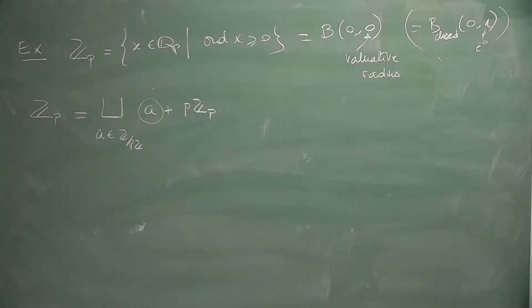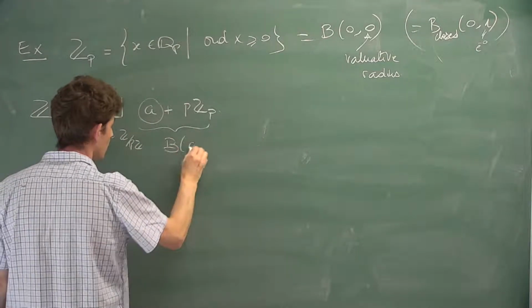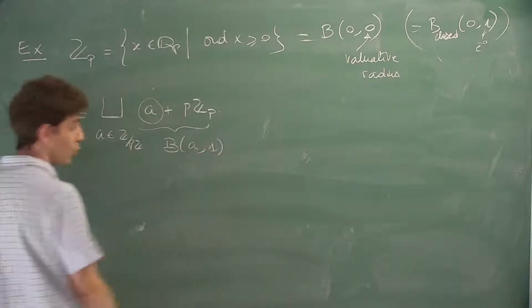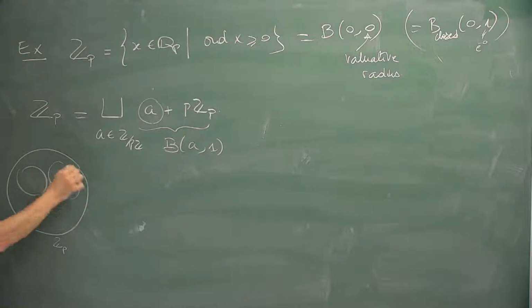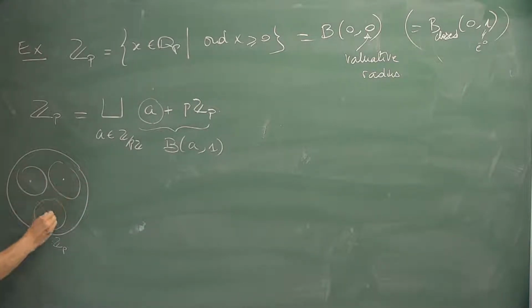Okay, so you have this disjoint union, and then you see that this is also the ball centered at a with radius 1. So if I draw a picture, you have Z_p, which is like this, and you have p balls, etc. But you can do the same.